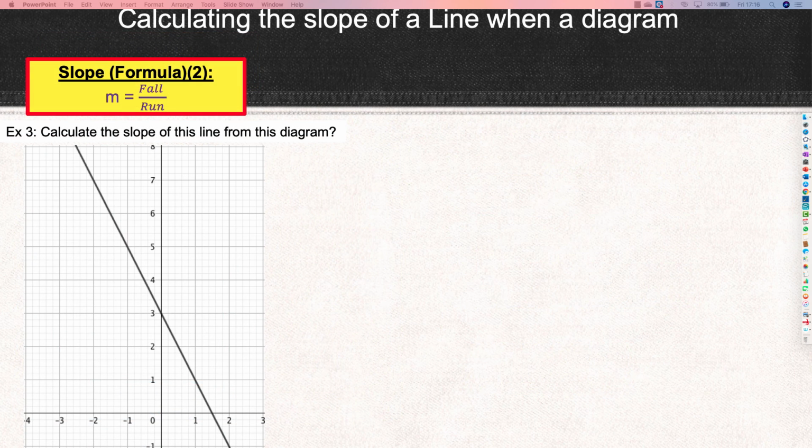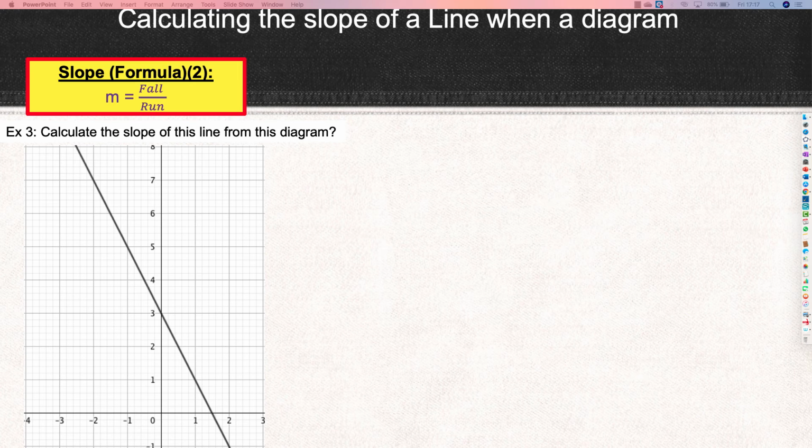The next one, fall over run. Grace, give me 2 definite points. 0, 3. Good girl. Another one. Good girl. Any others? Good stuff. Julianne, is there a last one there? Good stuff.